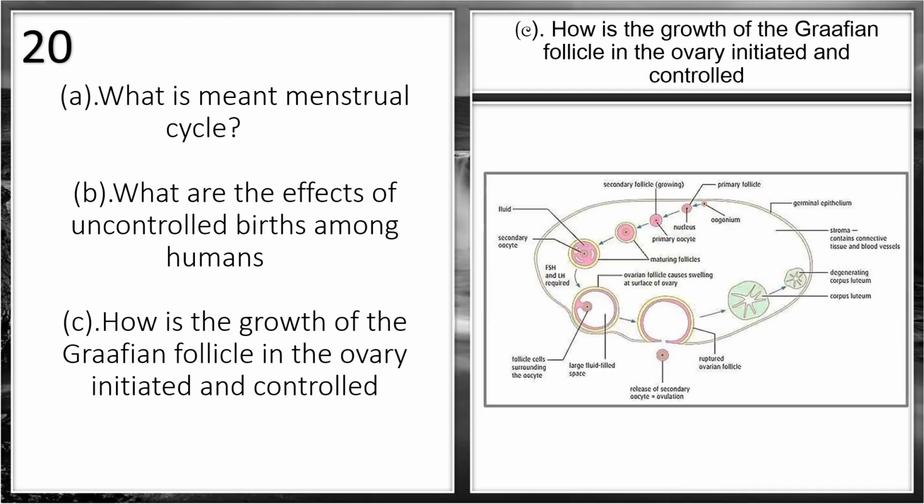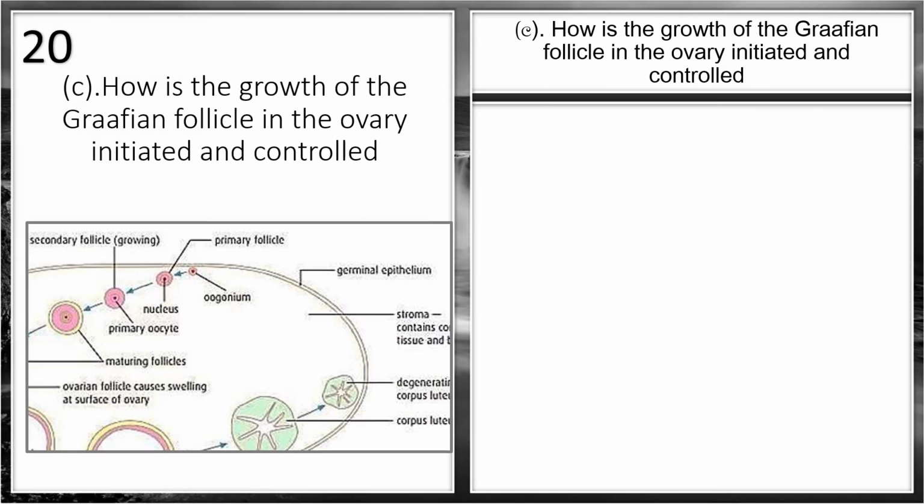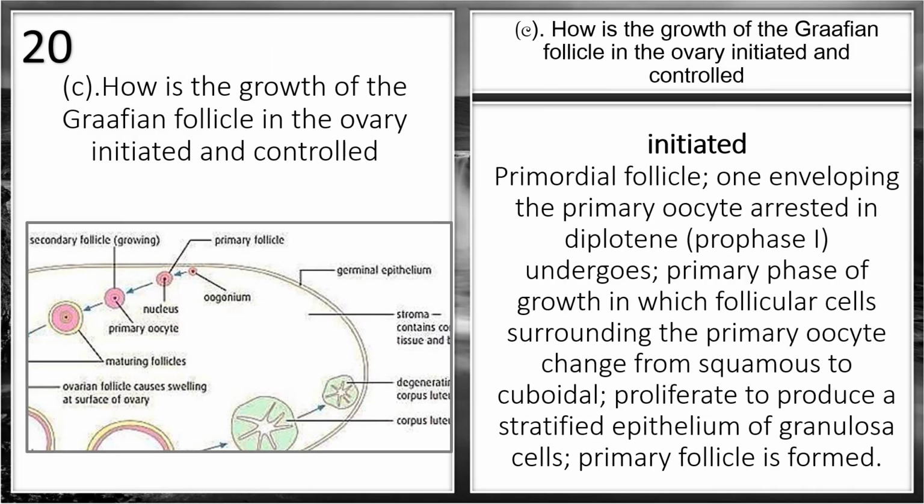Part C. How is the growth of the Graafian follicle in the ovary initiated and controlled? Initiated.